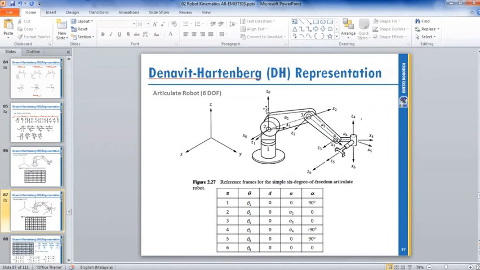And then from joint 1 to joint 2, we see Z is parallel. So no change on Z, but you have theta 2 because you have a motor here, theta 2. And then you have a length from Z1 to Z2, a length of X. X is A2.